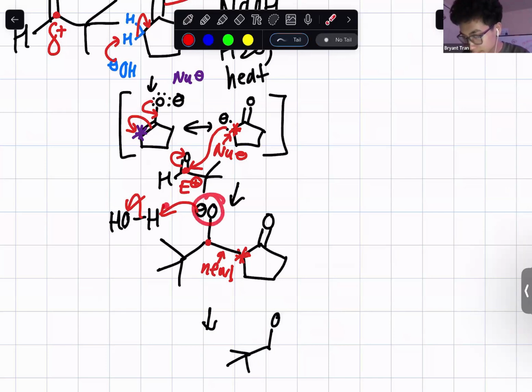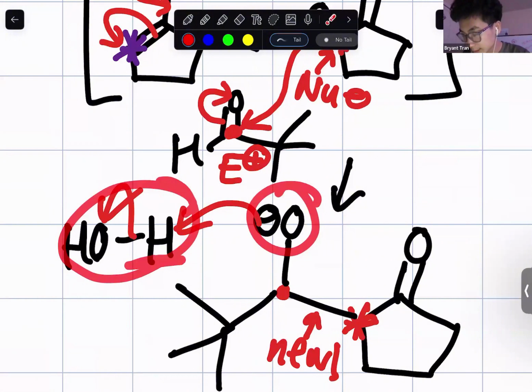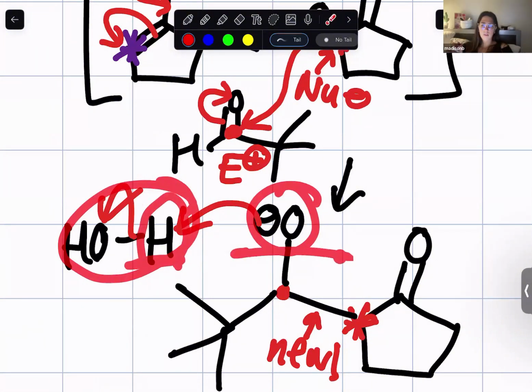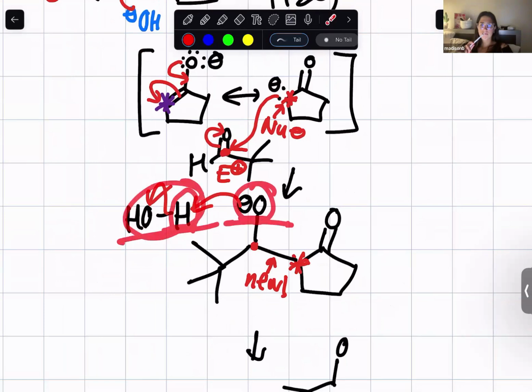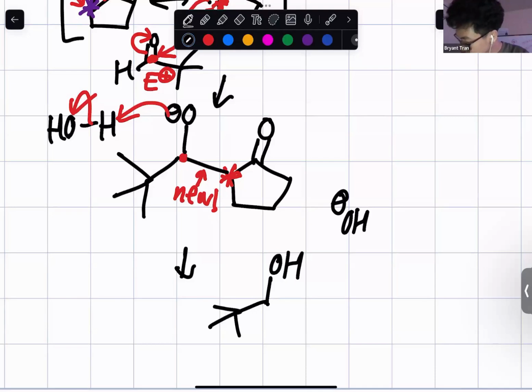The O minus or this water? The water here is getting deprotonated. It's losing a proton, losing a hydrogen. The O minus is getting protonated because it's gaining a proton, gaining a hydrogen. So water deprotonated, O minus protonated. And that would give us OH minus as a side product and this intermediate here.